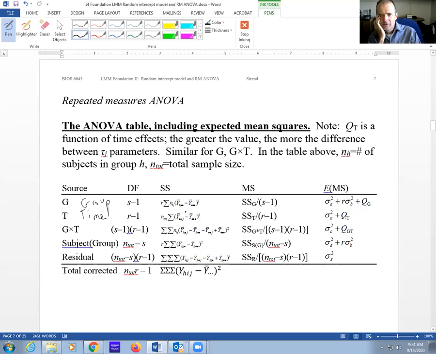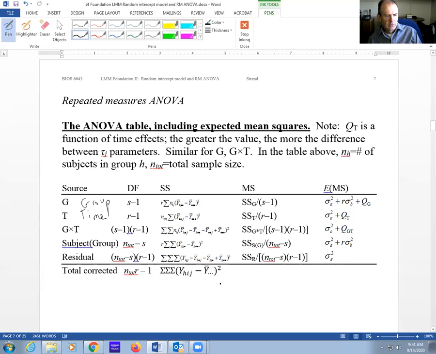It's kind of messy, but it's mainly algebra and theory. You can derive the expected mean squares just using theory, and this is given on the right-hand side. That's going to be helpful here in a second, and I'll show you why. Okay, but again, we have a nice table where we have the total variability, broken it down into sources.